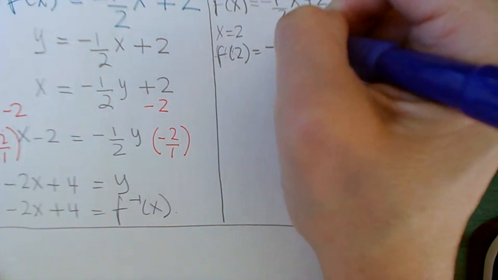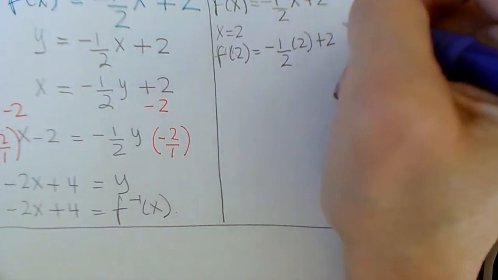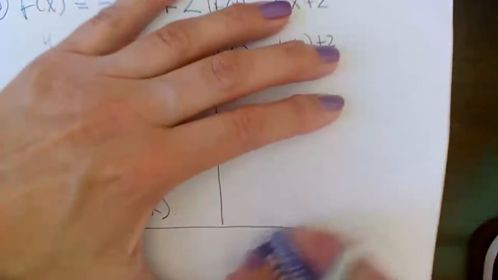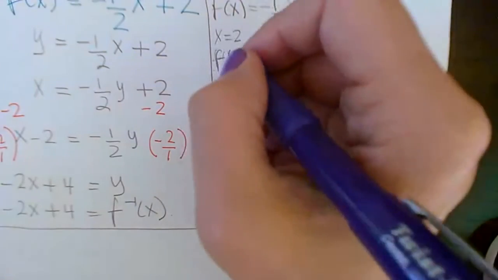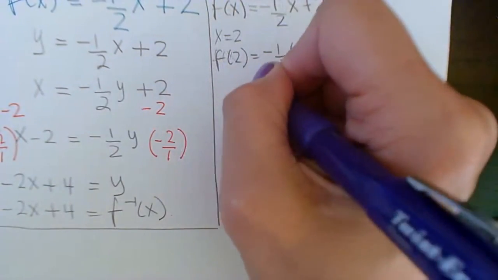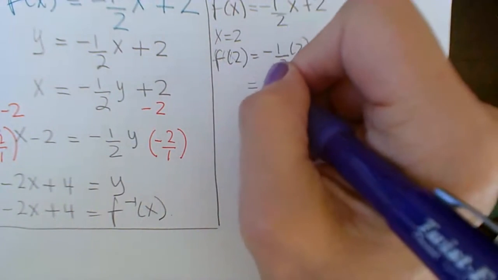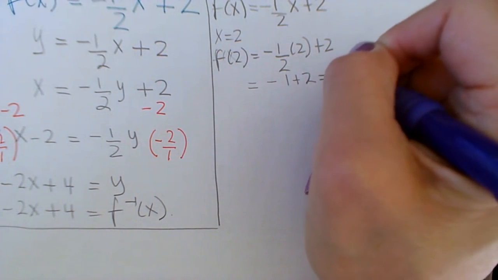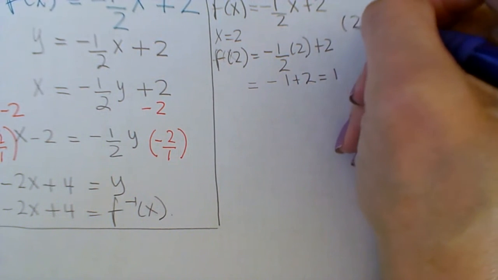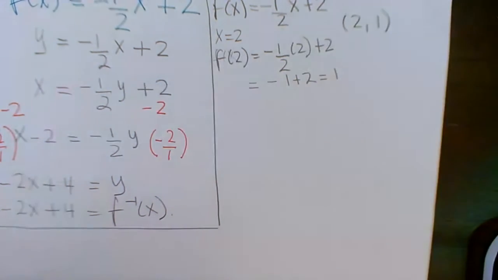So we have plus 2. So that's going to be equal to negative 1 plus 2. And that's 1. So it's 2, 1.